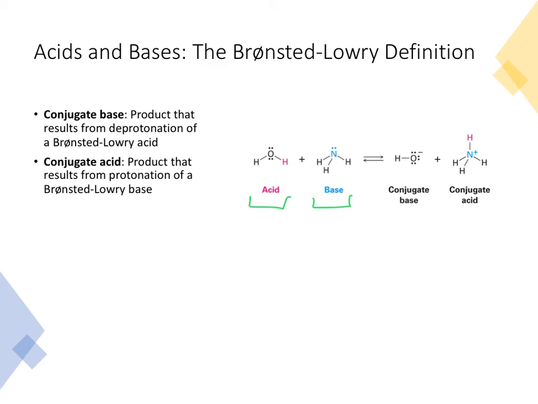So NH3 is going to grab that proton to form this conjugate acid, and then the acid, after it gives up its proton, forms this conjugate base. So the conjugate base is the product that results from deprotonation of the acid, and the conjugate acid is the product that results from protonation of the base.